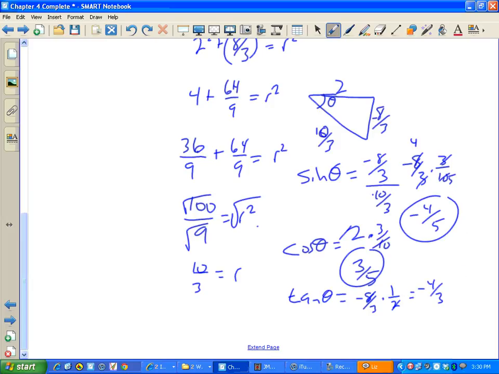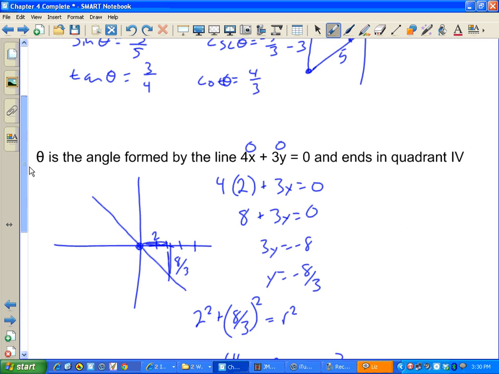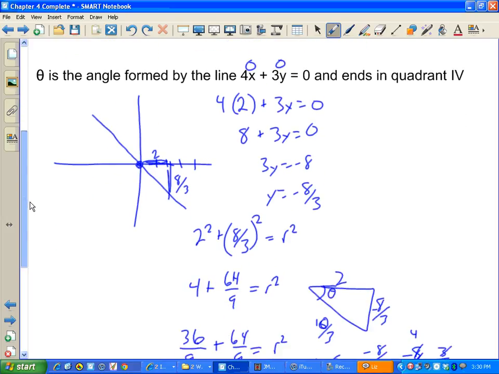And then we can reciprocate these to get our remaining trig values. Okay, so the cosecant would be -5/4, the secant would be 5/3, and the cotangent would be -3/4. Or no, yeah, 3/4. Okay, so that's how you can use, I mean, kind of just right triangle trigonometry is basically what we're doing here.